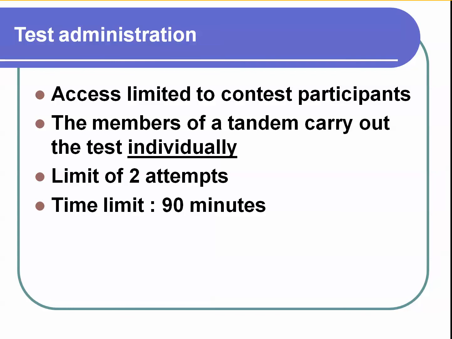Once you start the test, you cannot interrupt. You have to perform it all over until it's finished. However, if you prepare yourself carefully, you can probably complete the test in much less than 90 minutes, but you have a full 90 minutes to perform the test.